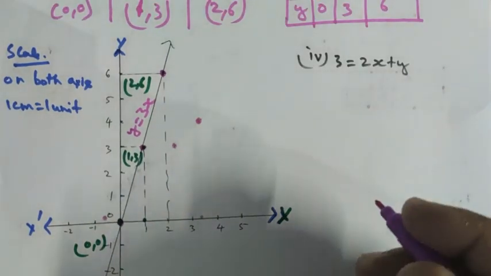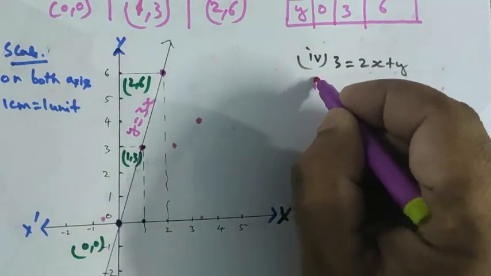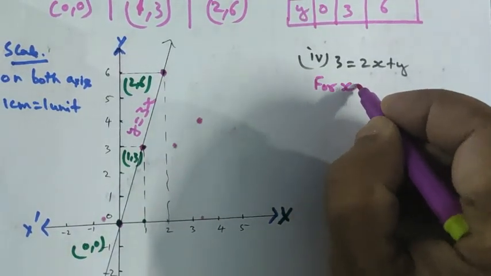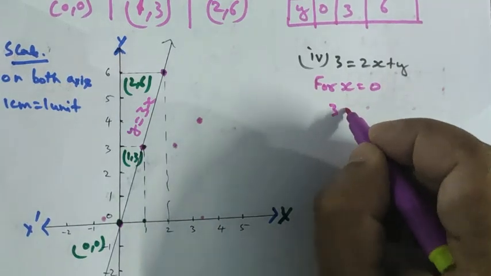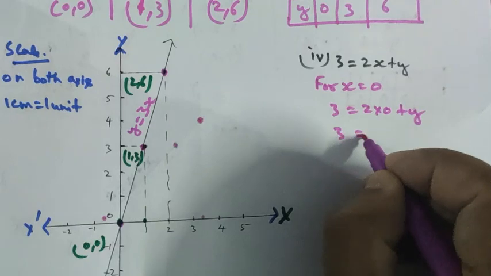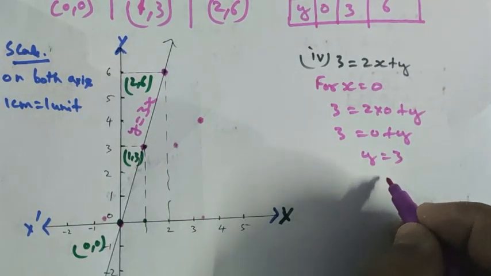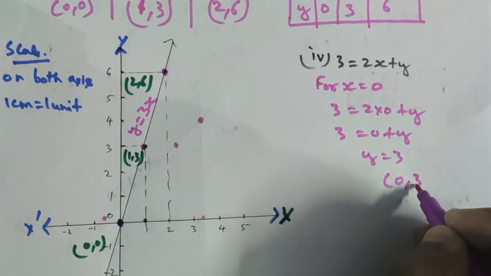Now the fourth part, 3 is equal to 2x plus y. So for the first point x equals 0, 3 equals 2 into 0 plus y. So 3 equals 0 plus y, that is y equals 3. So the first point will be 0 comma 3.